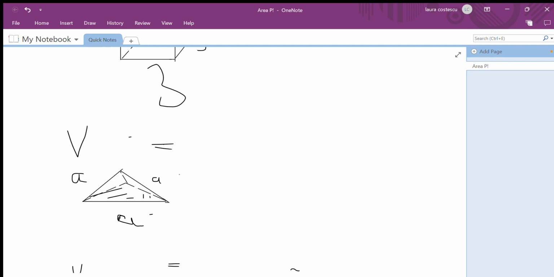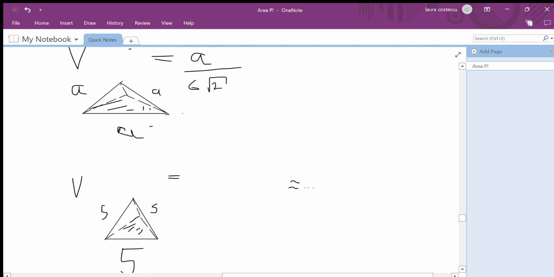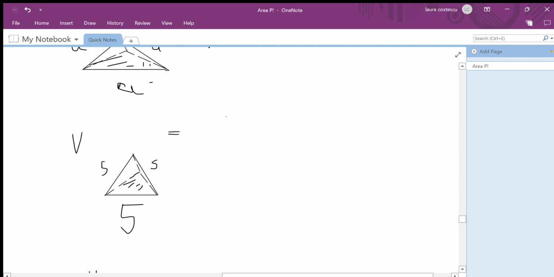So what about a tetrahedron? Well, in this case, it's a cubed over 6 square root of 2. So how much is this? I don't know what that approximate sign does, but I'm just gonna erase it. What is the volume of a tetrahedron with a equal to 5?